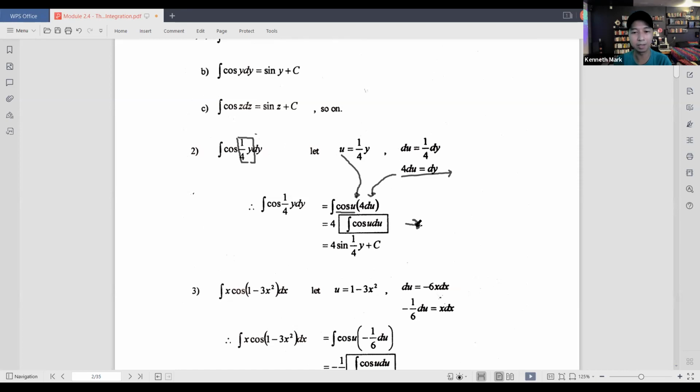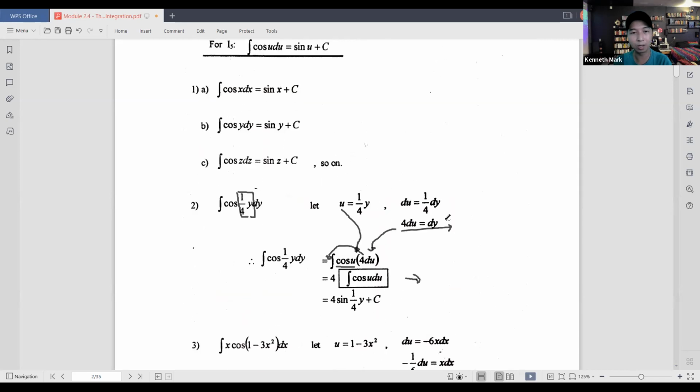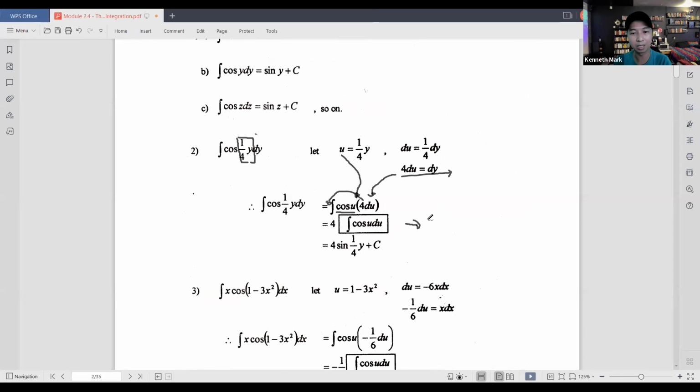Okay, so what happens here is, nilipat natin sa labas yung constant. So, in-integrate natin yung cosine u du. Yung integral of cosine u du is equal to sine u plus c. So, that is 4 times sine u plus c.